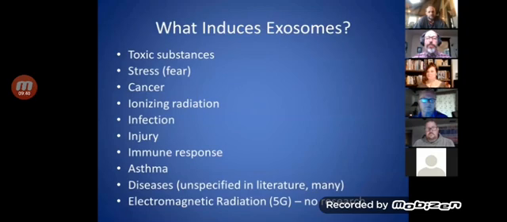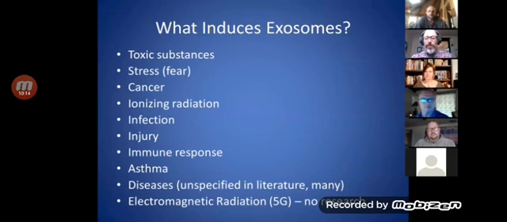Cancer, as I mentioned before, lung cancer has many exosomes. Ionizing radiation, infection, injury, in fact, any type of immune response, whether it be to injury, infection, or another disease, asthma. Now, many papers just said that exosomes are induced by disease, and they didn't mention anything specific, and they seem to be implying that virtually any type of disease can cause this process.